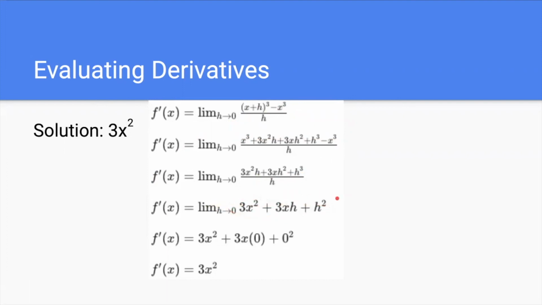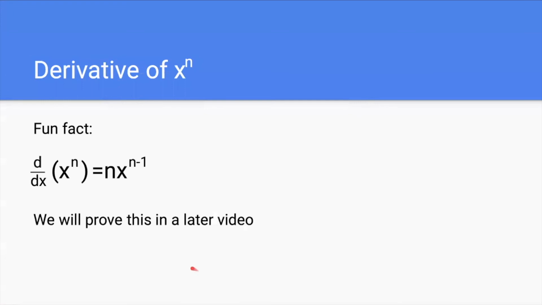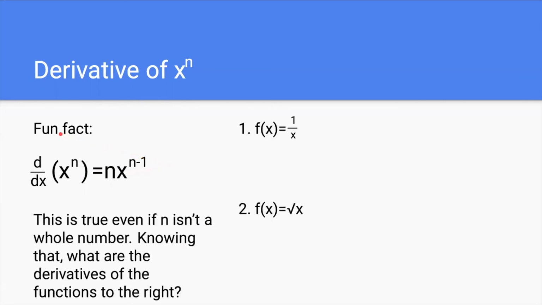And then if you just plug in h = 0, you'll get that the derivative of x³ is equal to 3x². And as a fun fact, the derivative of x^n is equal to n times x^(n-1). And this works for x² and x³. And this actually works for all values of n, even if n is not a whole number.